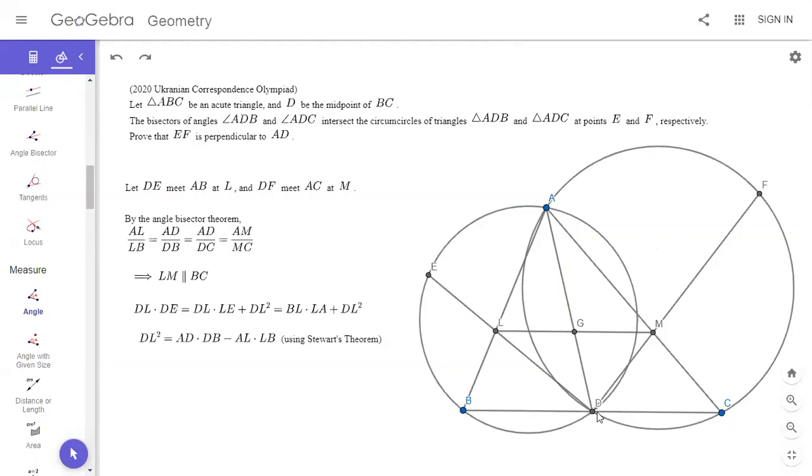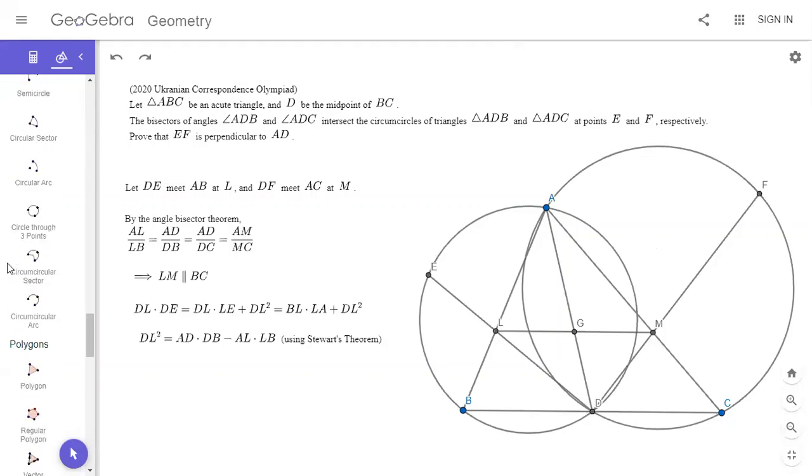So yeah, if we can show DL times DE is something squared, I think that would help get us there, right? So we want a circle.